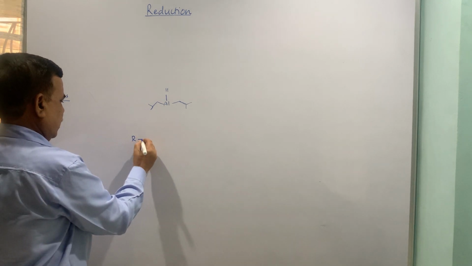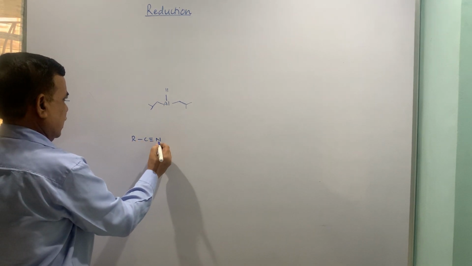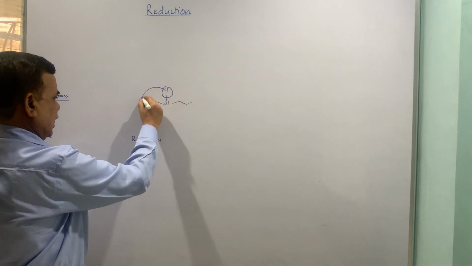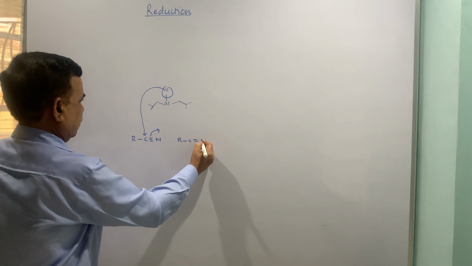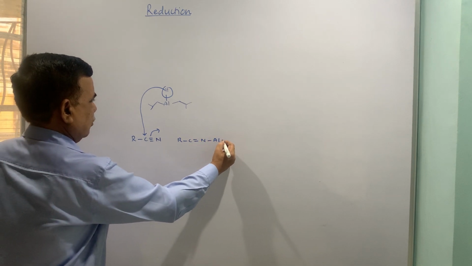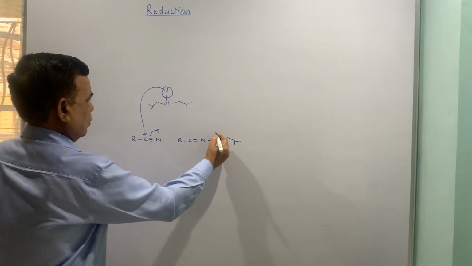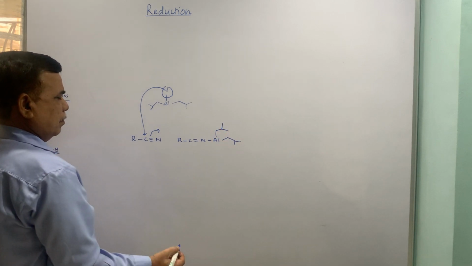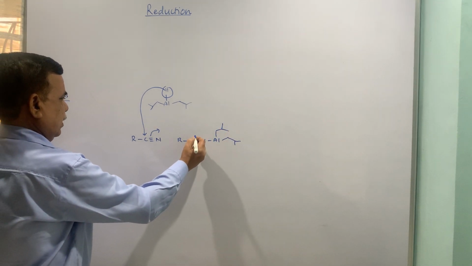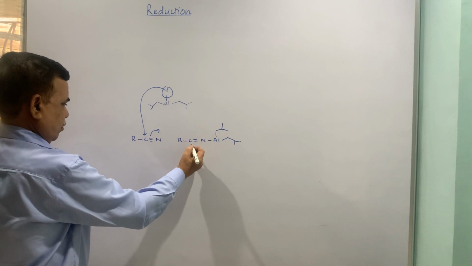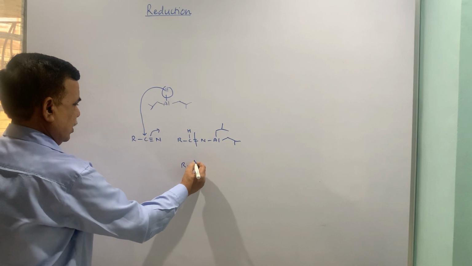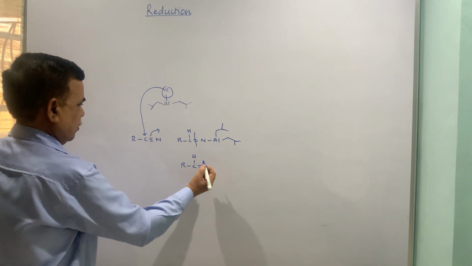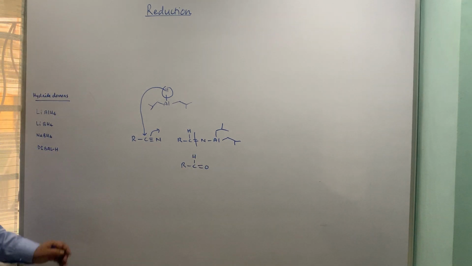So if I start with this, say RCN, the hydride will add and nitrogen will complex with the Al, and ultimately hydrogen will be there. If this breaks down, this becomes an aldehyde. So that is the advantage.